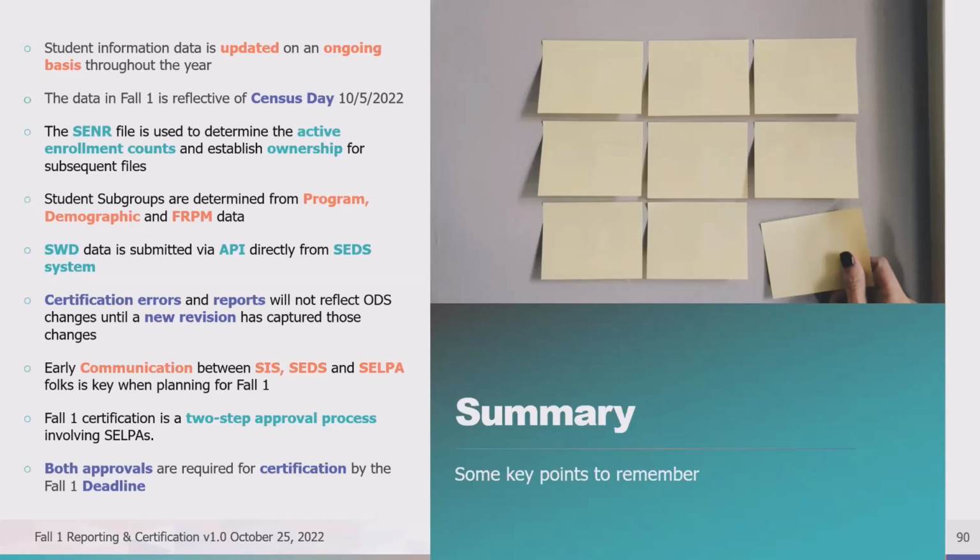However, if you're not the one submitting your students with disability data, keep in mind that coordination is needed between you and your special education data coordinator. And they need access to CalPADS because they don't have a view of certification errors, right?